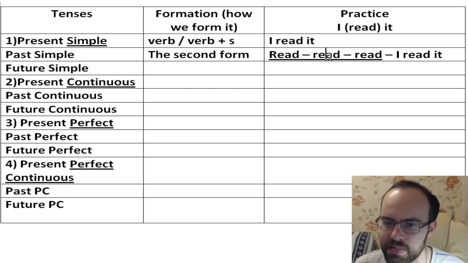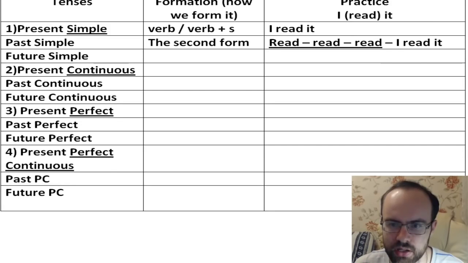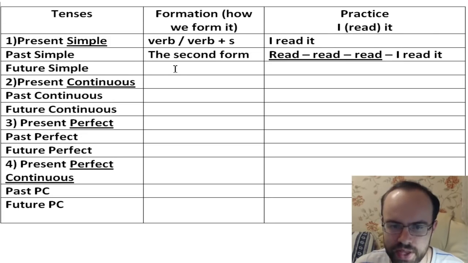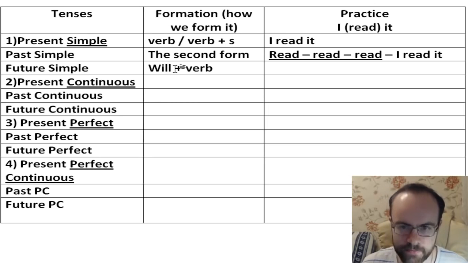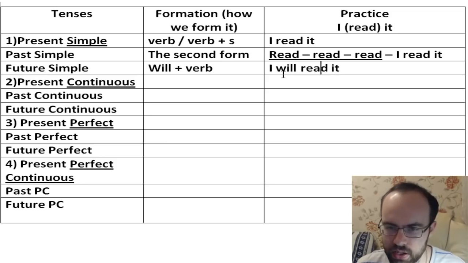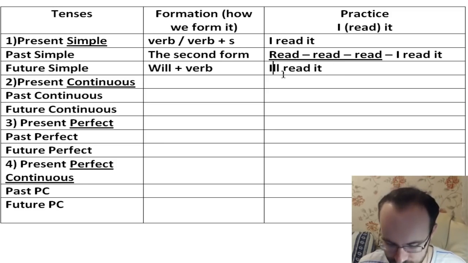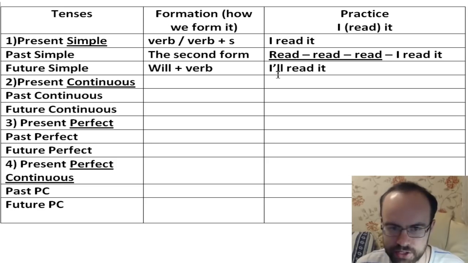So I read it. Okay, good. Next, future simple: will plus verb. You can say I will read it, or we mostly use short forms, I'll read it. You know that we mostly use simple tenses, and you should know this first of all. It's the most important thing, really.